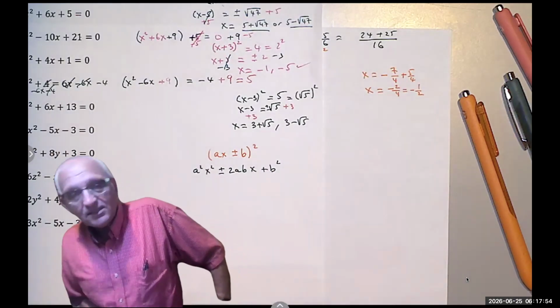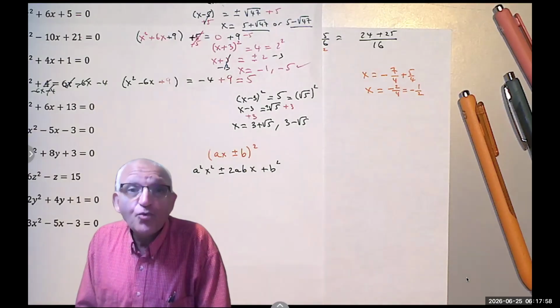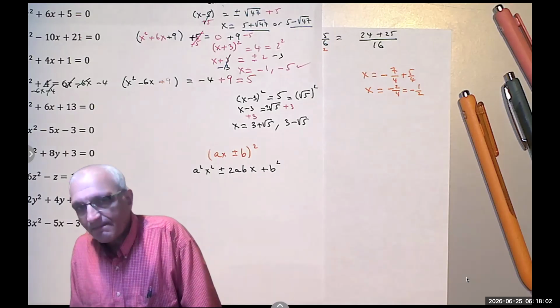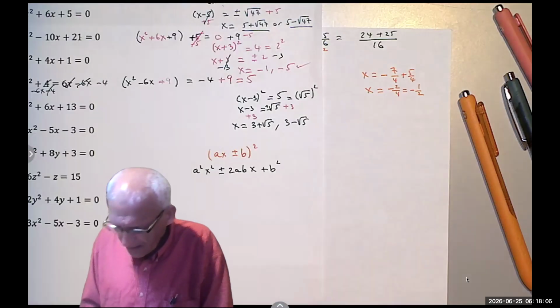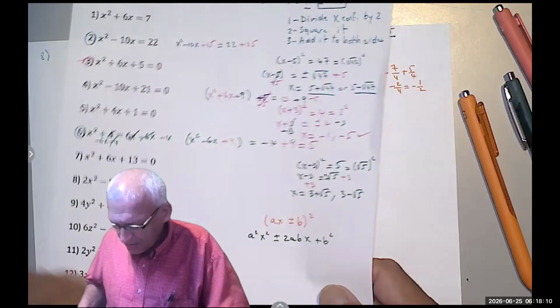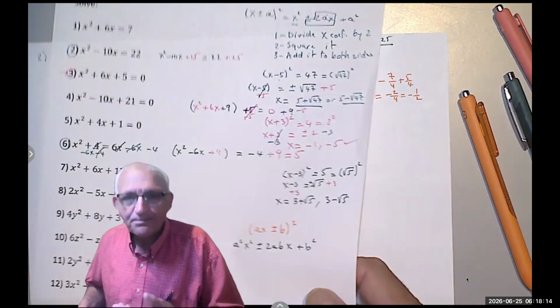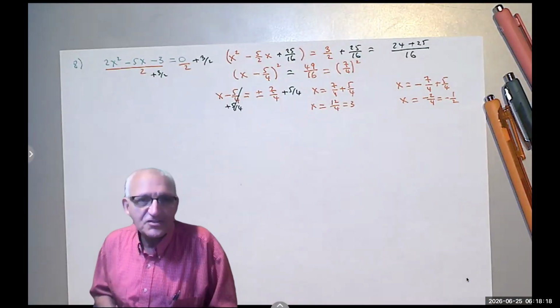So now the middle number, the coefficient of it is no longer twice a. It is twice a times b. Okay. So I want a squared to be, of course, a perfect square. 2 is not a perfect square.